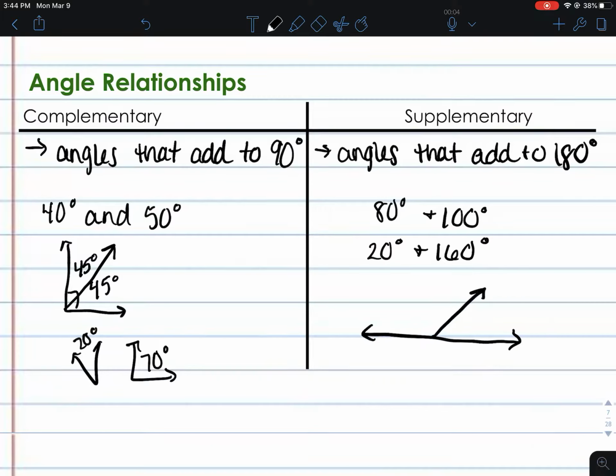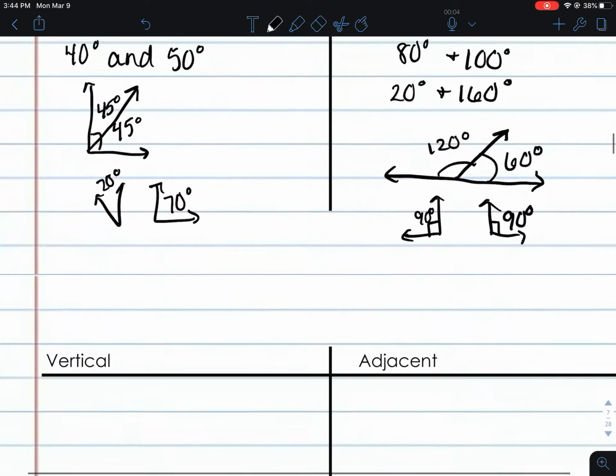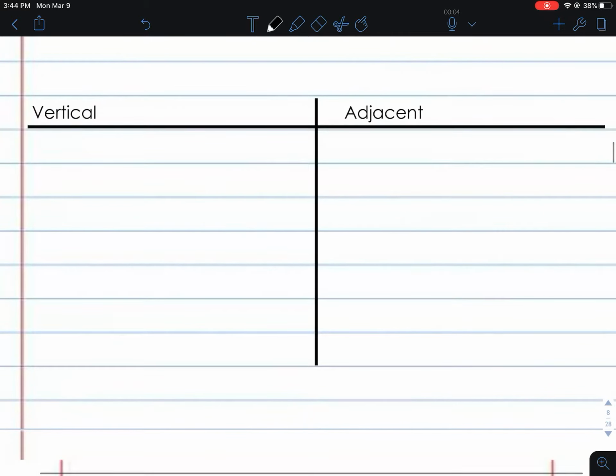So any 2 angles, like if this was the angle here, we could say 120, and then this will be 60 degrees. Sometimes they're also not connected. They could be separated as well. You could have 2 right angles, 90 degrees, and another one that's also 90 degrees. Those are also supplementary.